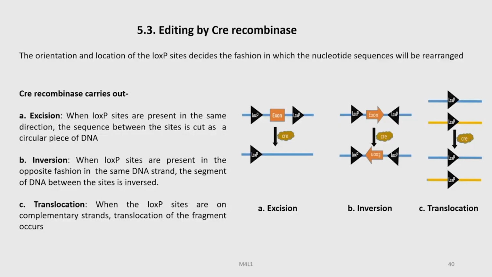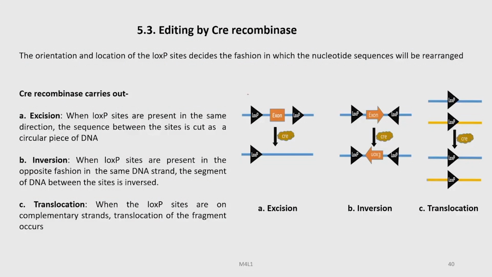How can Cre recombinase carry out editing? The orientation and location of the LoxP sites decide the fashion in which the nucleotide sequences will be rearranged. Cre recombinase carries out excision, inversion and translocation. In excision, when LoxP sites are present in the same direction, the sequence between the sites is cut out as a circular piece of DNA.